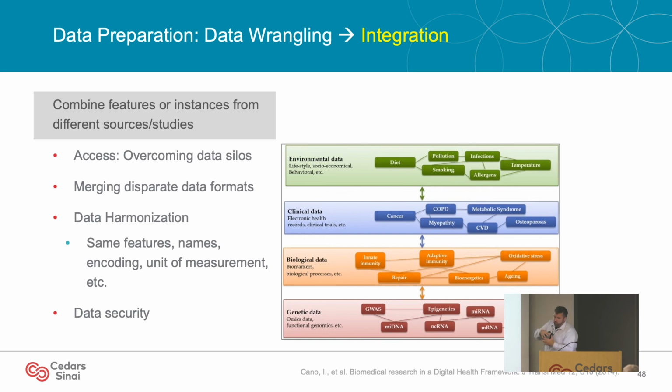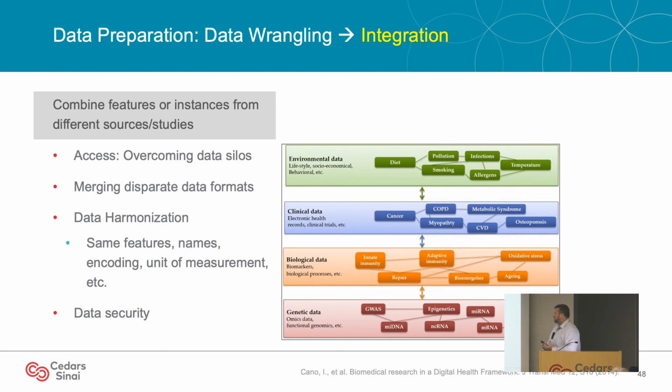To do that integration, we might need to worry about what's called data harmonization to make sure that all of our variables have the same feature names, that the values have the same ranges and the same scaling, the same units of measurement, right? This can be an enormous task.